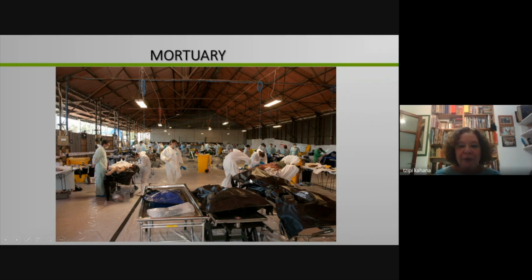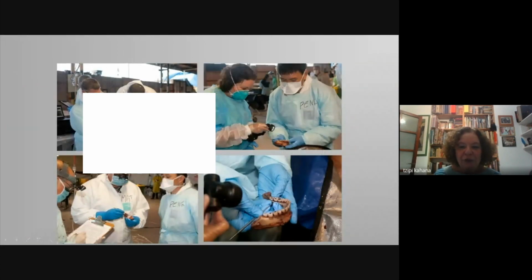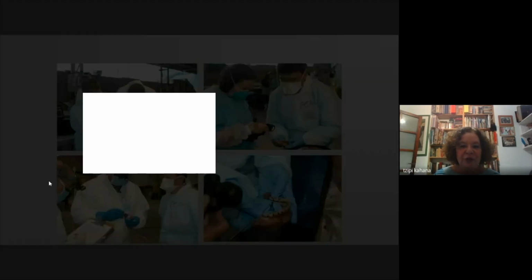And we were working here about 150 persons, very, very comfortably, very conveniently. In that kind of conditions, you can do an oral autopsy. Actually, you can lift all the soft tissue and examine the mouth in your hand, and you will not miss any data. You can take photographs, you can take radiographs, and all the information is collected.